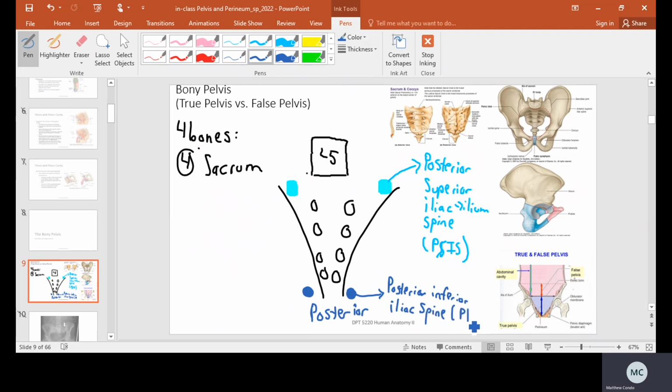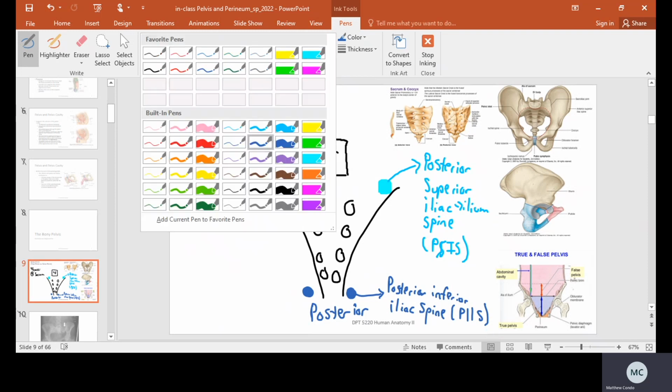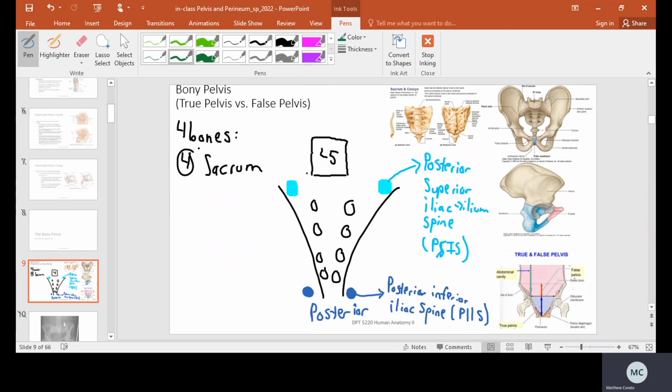Also goes by PIIS. What I'm also going to draw in is, for lack of a better term, an exploded view.